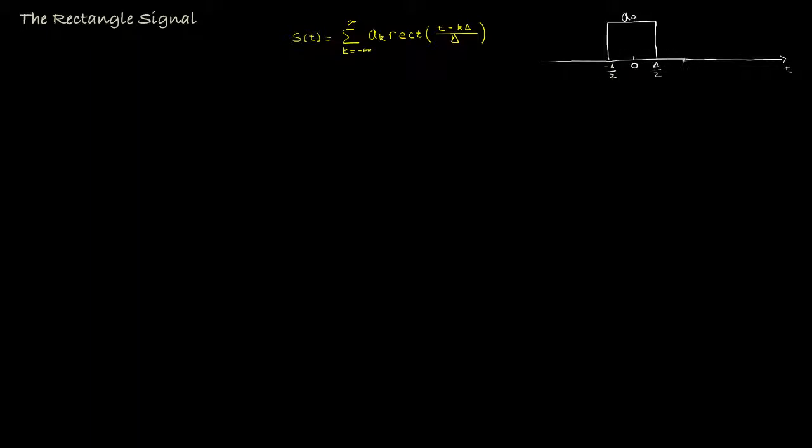And then out here at delta, we're going to have another one with some height a1, and it'll extend out to 3 delta over 2. And that kind of thing will keep happening out that direction.